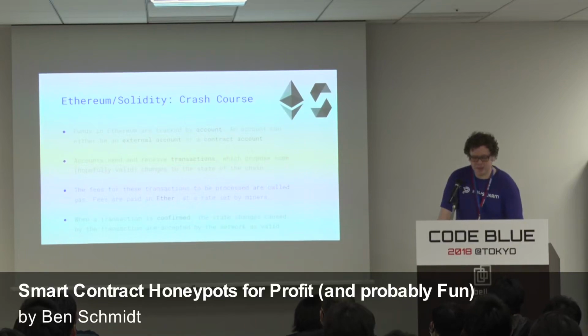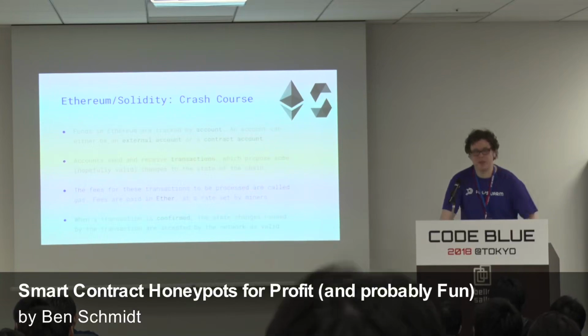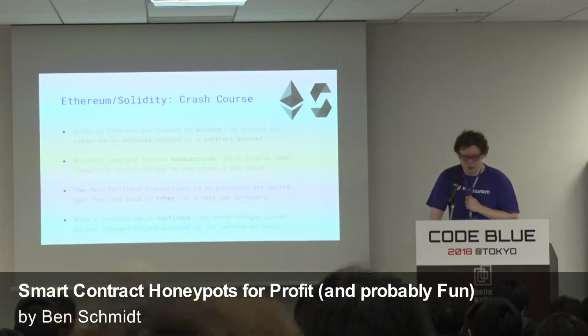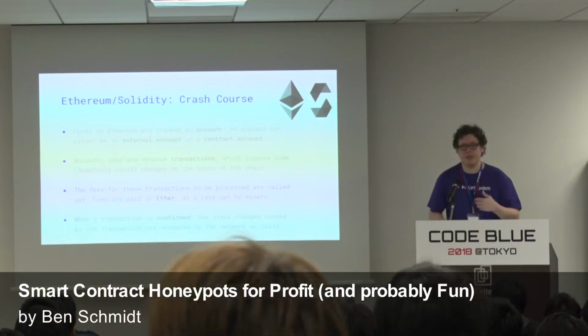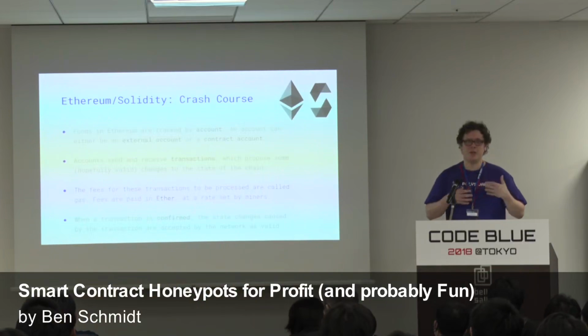So, to get these transactions included, you have to pay fees to the miners to include them in a block. Now, these fees are paid in Ether. These fees are important because they prevent people from spamming and filling up the blockchain, and they make everything that you do have an associated cost.